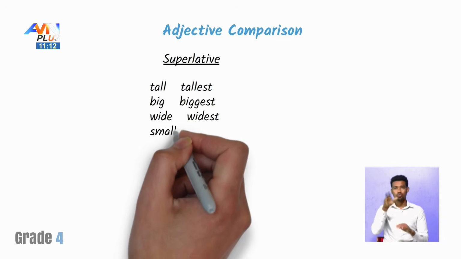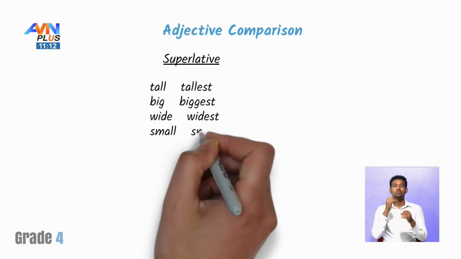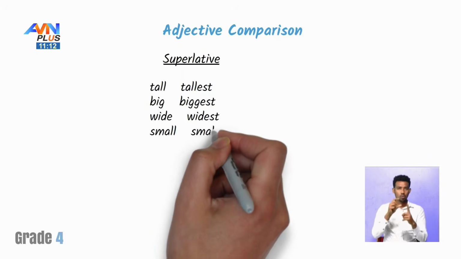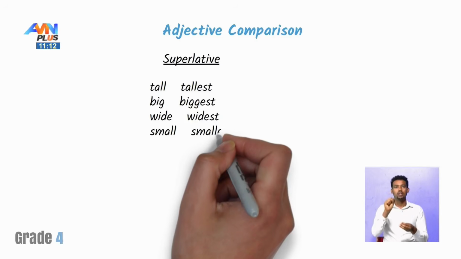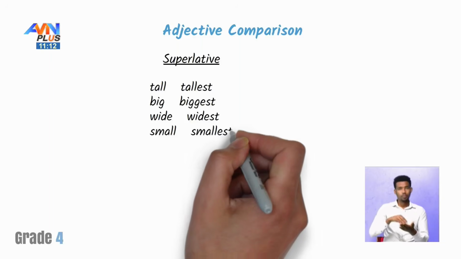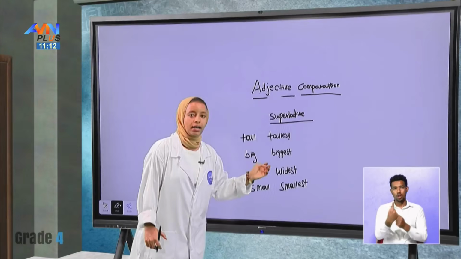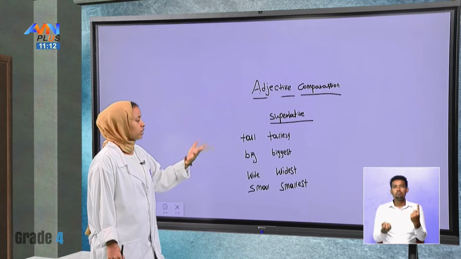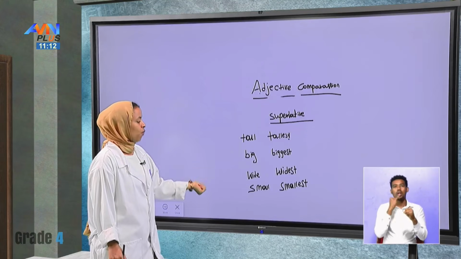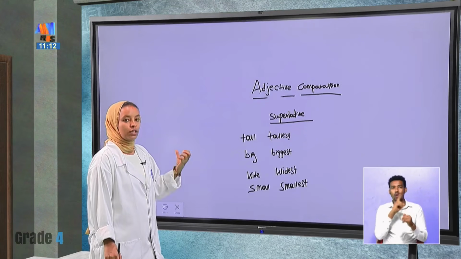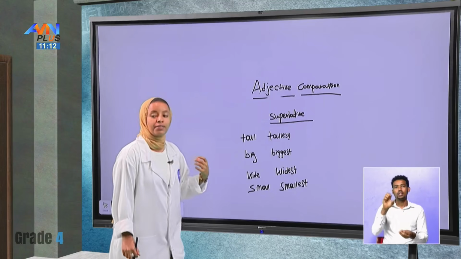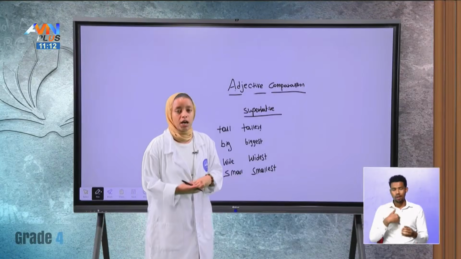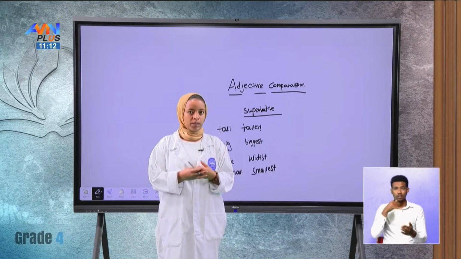Small, smallest. Look, students, we are using est at the end of the adjective words. Tall, tallest. Big, biggest. Wide, widest. Small, smallest. And also we can have the same as comparative adjective with long syllable adjectives.